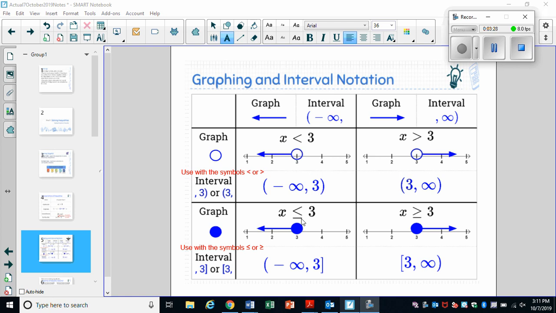If it was less than or equal, which includes the 3, then we use our bracket. That's the difference between when it's open versus when it's closed. So closed, bracket. Open, we use parentheses.